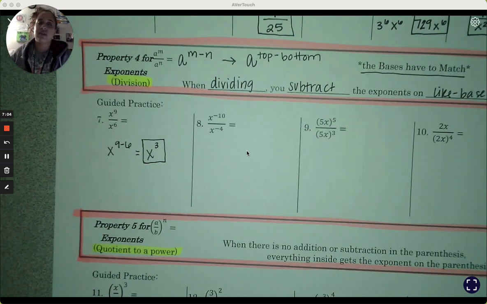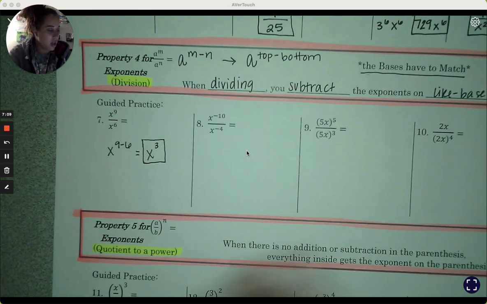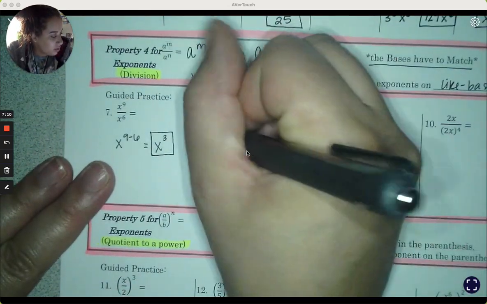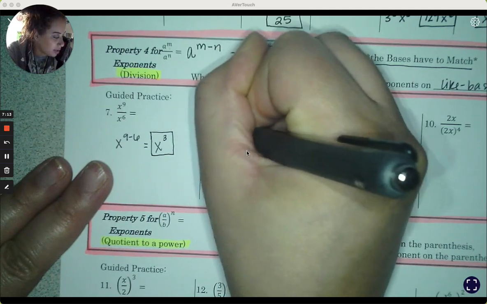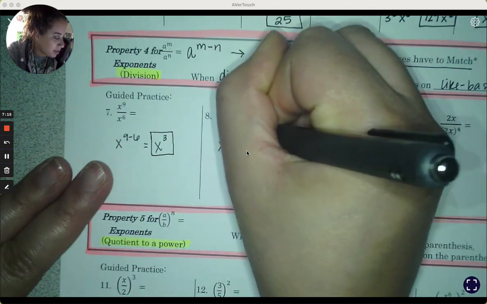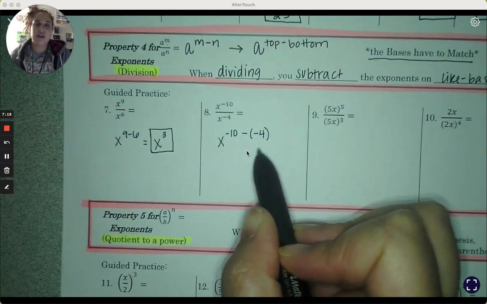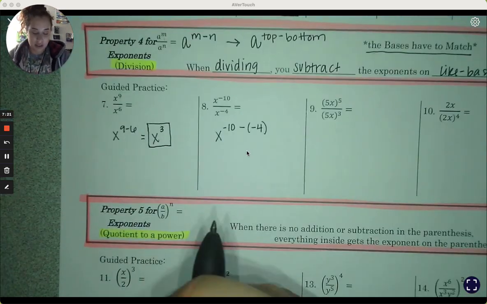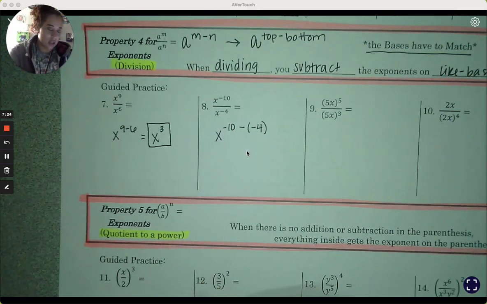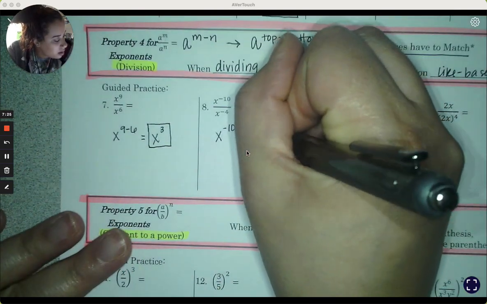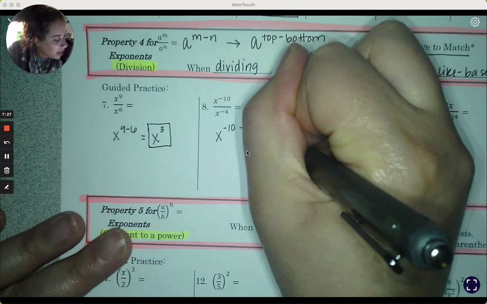All right, so let's go ahead and look at number 8. The bases are the same, so no matter what, I can do what I need to do. So x to the top minus the bottom. So notice how I kept the minus sign there, and I put the -4 in parentheses, which would give me x to the -6.